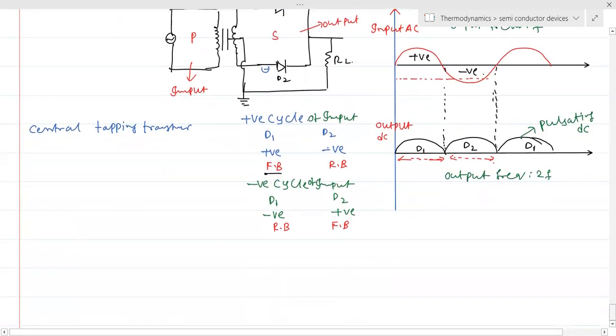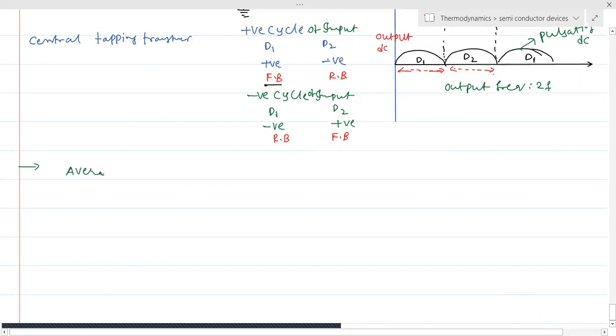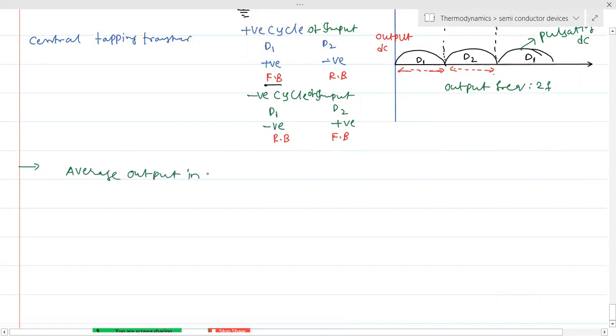We need to understand some important parameters, as in the previous case. We are taking the average output in one cycle.